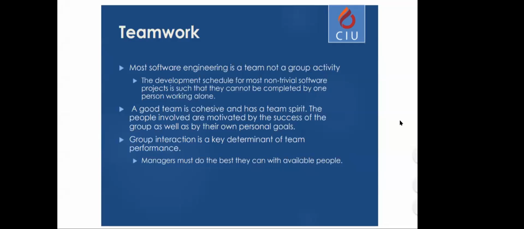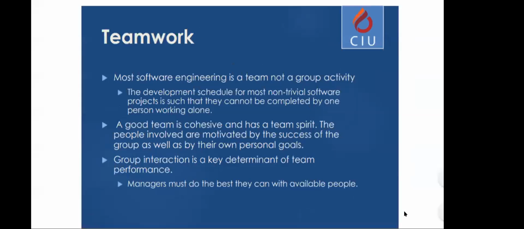So a cohesive team has team spirit. People get involved, and they try to cover the weak points of one another. For example, I could be an excellent programmer, but I'm not a punctual person, or I'm not known for my patience.